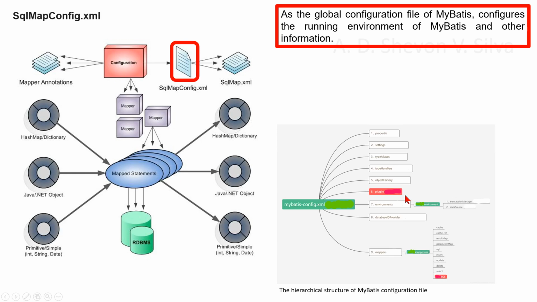By default, MyBatis allows plugins to intercept method calls of Executor: update, query, flushStatements, commit, rollback, getTransaction, close, isClosed; ParameterHandler: getParameterObject, setParameters; ResultSetHandler: handleResultSets, handleOutputParameters; StatementHandler: prepare, parameterize, batch, update, query.